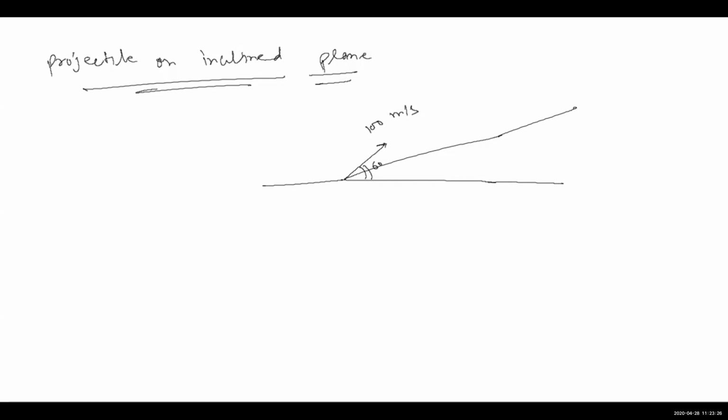Total angle is 60. This angle is 30. So there is a plank. A projectile is thrown from the bottom of the plank with 100 meter per second speed. The angle of the plank is 30. The projectile is thrown at an angle 60 with the horizontal.